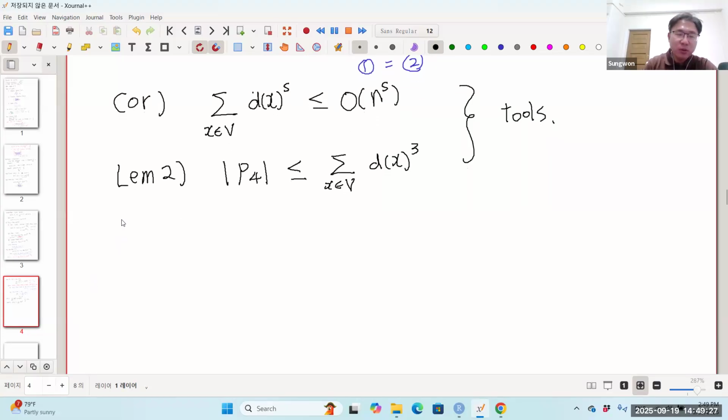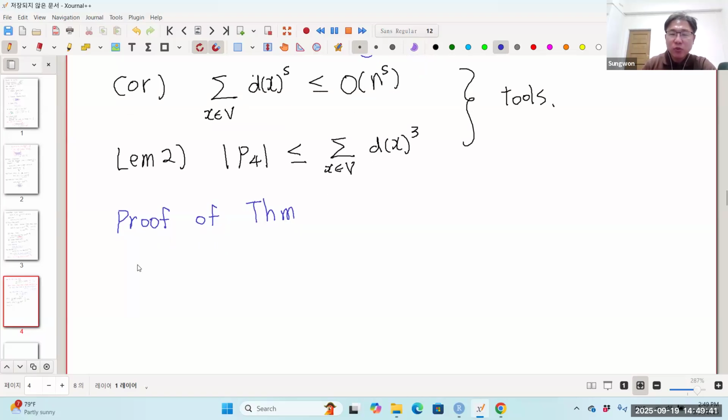So the theorem here, now we are going to the proof of the theorem. So you start with the P4, and that's bounded by the sum over x, each vertex, of the degree squared, that is cubed.